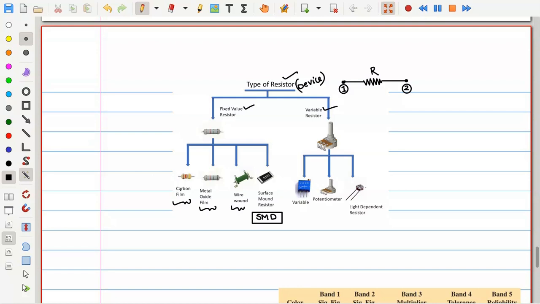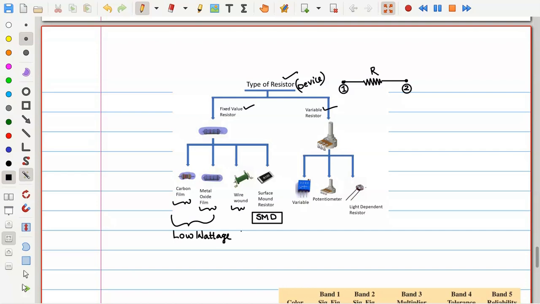Try to observe one important thing here, that these resistors have bands with some colors represented, like orange, red, yellow. Usually these kinds of packages come for low wattage. Watts are the units for power.